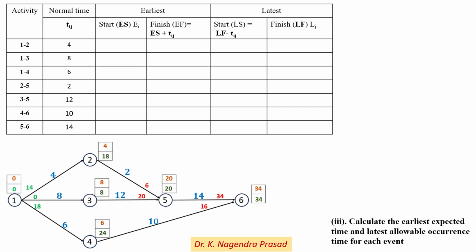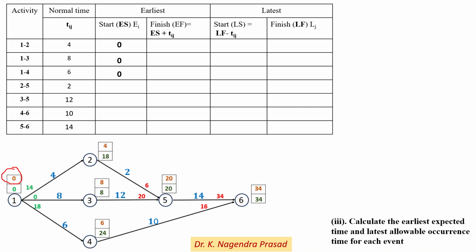So first we have to write down the earliest start time by observing the network diagram, which is calculated by the forward pass method. For activity 1 to 2, the earliest start time is 0 at event 1. Similarly, for activities 1 to 3 and 1 to 4, the earliest start time is 0 at event 1.